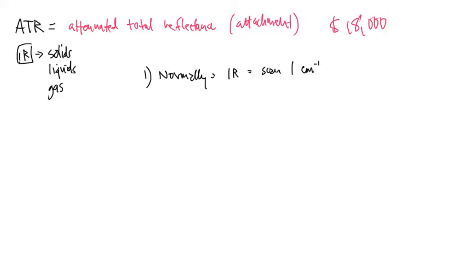And this takes some time. We're going to say a couple of minutes here. And within a couple of minutes, you get one infrared spectrum, and that's it. That's all you get.